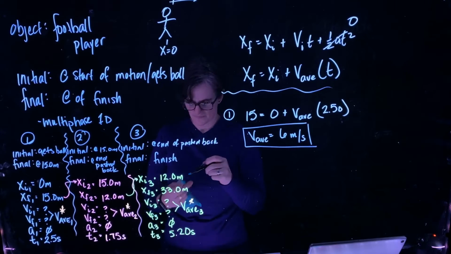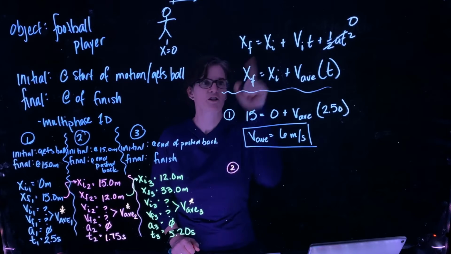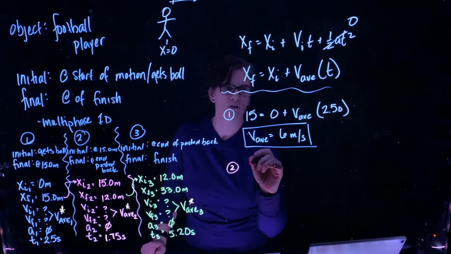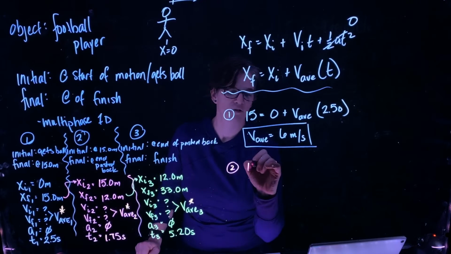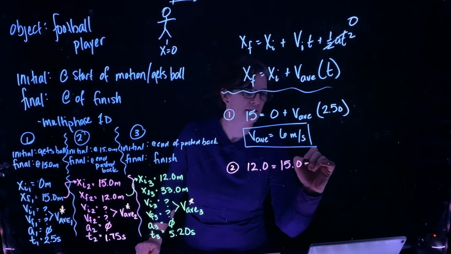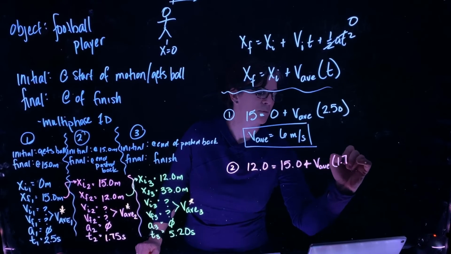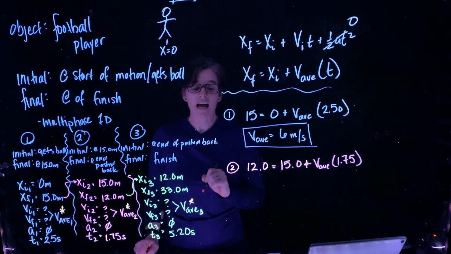All right, for phase number 2, I'm going to use the same relationship as above. My final position is 12.0. My initial is 15.0 plus v average times 1.75 is the time.